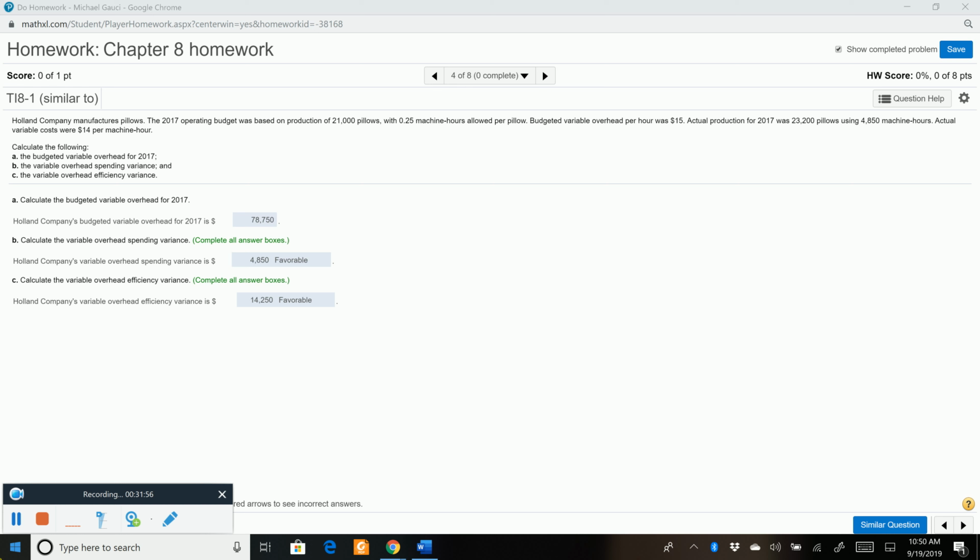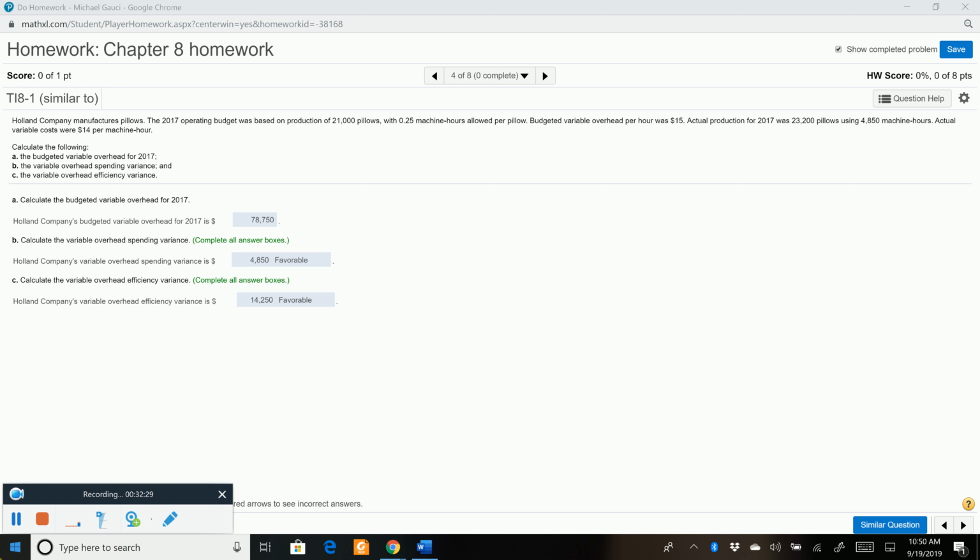Well, when you do that, it comes to 72,750. If you compare the 72,750 to the actual of 67,900, you get a spending variance of 4,850. It is favorable because the actual amount is lower than what we calculated using the standard rate.